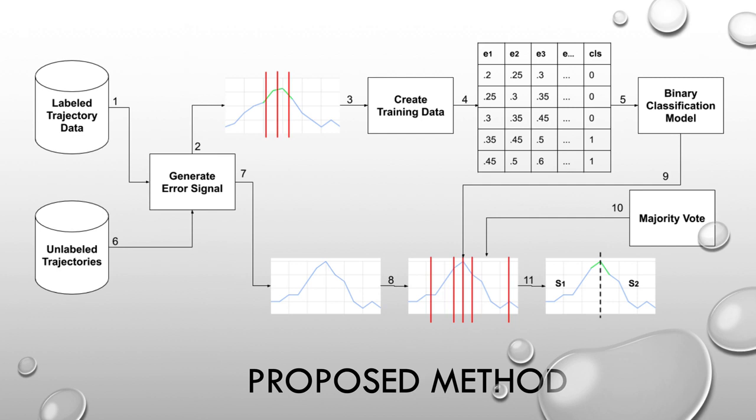Obviously, there is no label associated with each sample for non-labeled data. Using the labeled samples, we train a binary classifier and we use it to predict the label for each non-labeled sample. Then we apply a majority vote to decide which potential partitioning position is an actual partitioning position.